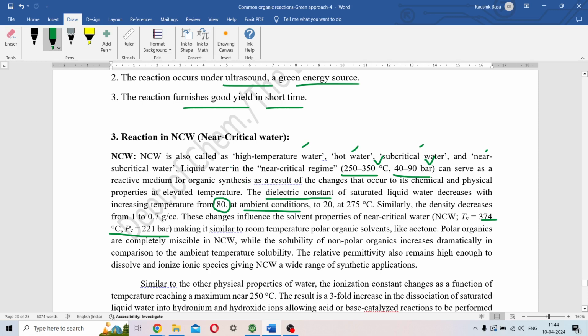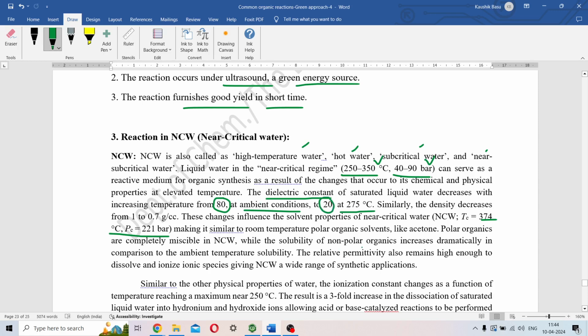But if you manage to increase the temperature of water to 275 degrees centigrade, can you do that at 1 atmospheric pressure? Can you have water at 275 degrees centigrade in liquid state when the pressure is 1 atmosphere? Absolutely no, everything will be vaporized. So you have to increase the pressure on it so that the temperature can be sustained. But then that value of 80 drops to only 20, see?